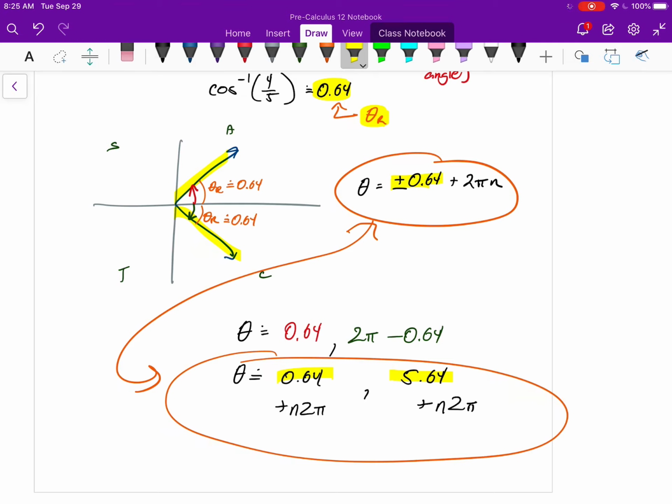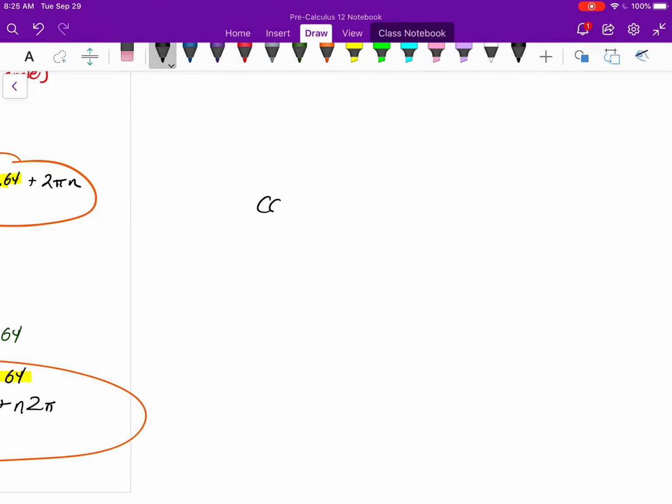And before I finish this off, just keep in mind the questions that do involve a calculator. Use a calculator, but you shouldn't have too many of them. What you really want to avoid is using a calculator on angles that involve a special angle. For example, let's say at some point you want to figure out where the cosine of theta equals √3/2.